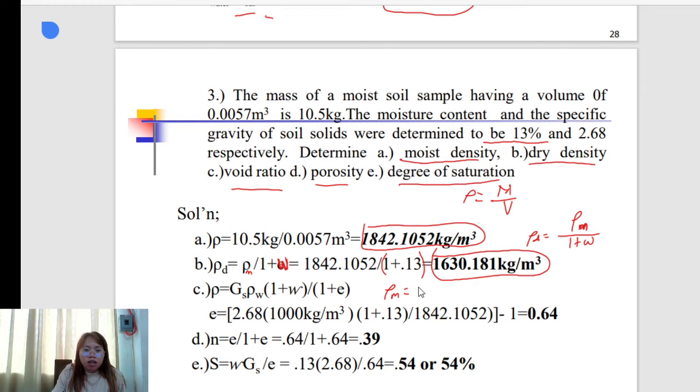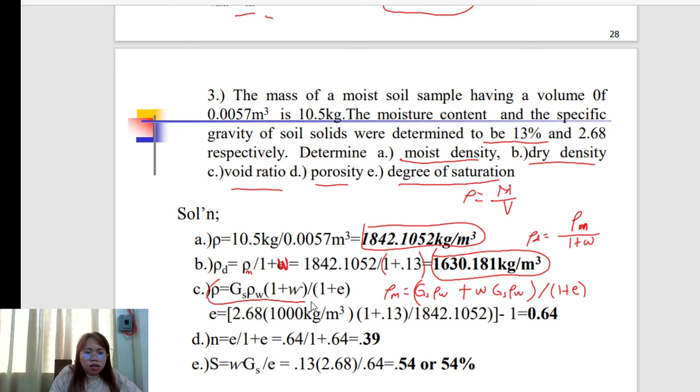Actually, that is equal to the dry density of soil plus moisture content, the density of the water, divided by the total volume, 1 plus E, right? Or you can express it with the specific gravity, the G sub S, and the density of the water.